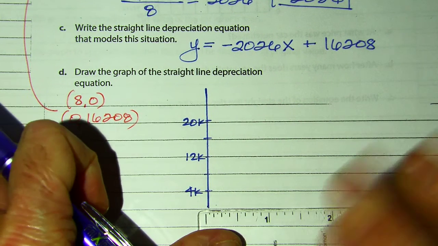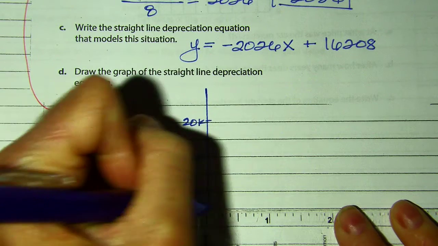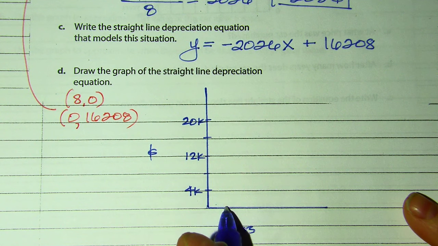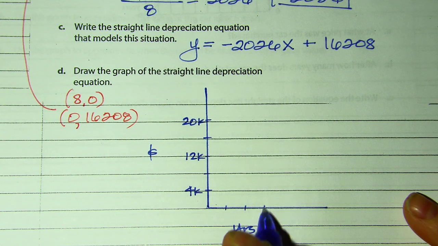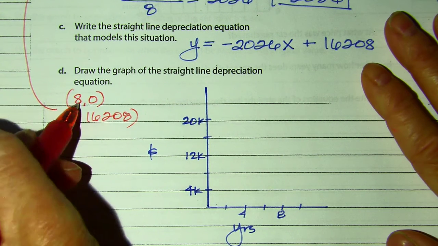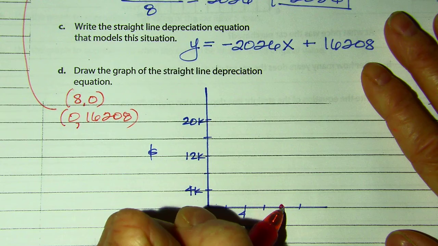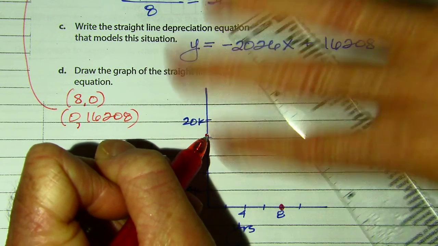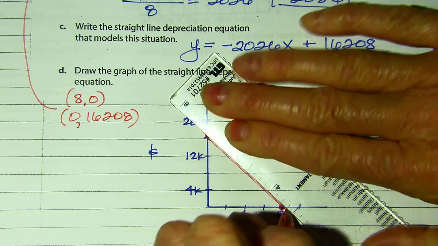And then this here is years. Remember, this side is money. So 2, 4, 6, 8, 10. So here's 4, here's 8. The only 2 points we're plotting, 8, 0, 16, that's a little over 16. Boom, that's it.